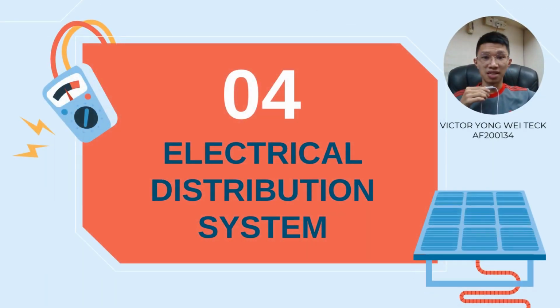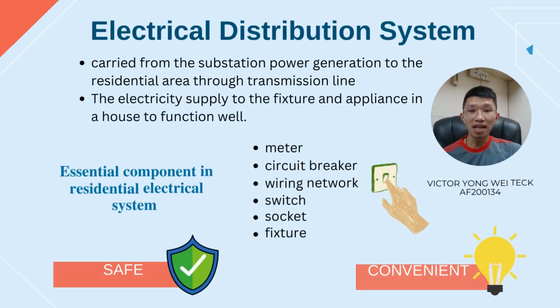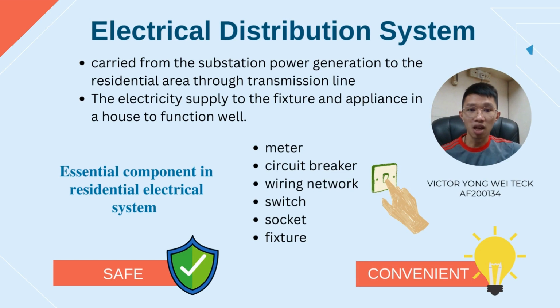In the last part of our presentation, I will discuss the electrical distribution system of the two-story terrace house that we selected in this project. The electricity is carried over a long span from the power generation to the residential area through the transmission line. There are two methods to carry the electricity, which are the overhead method and the underground method.